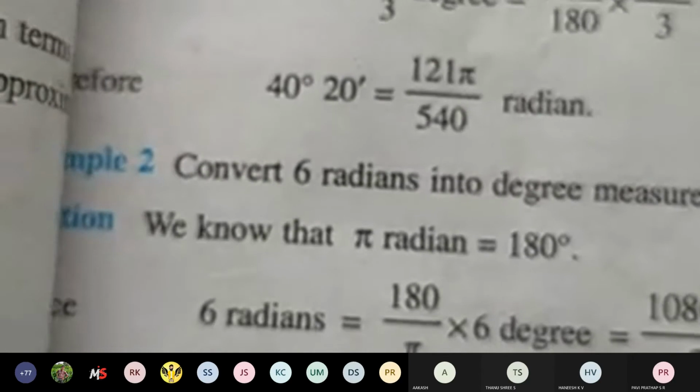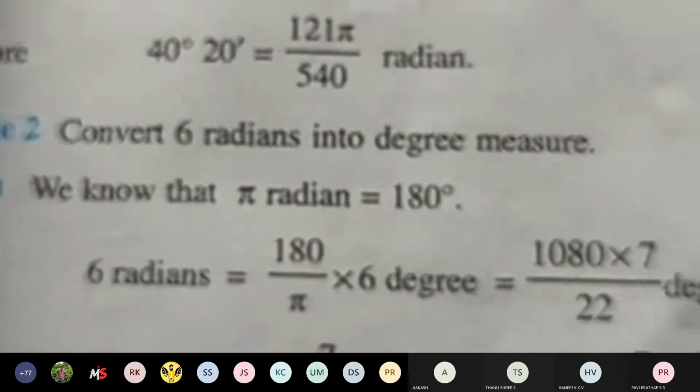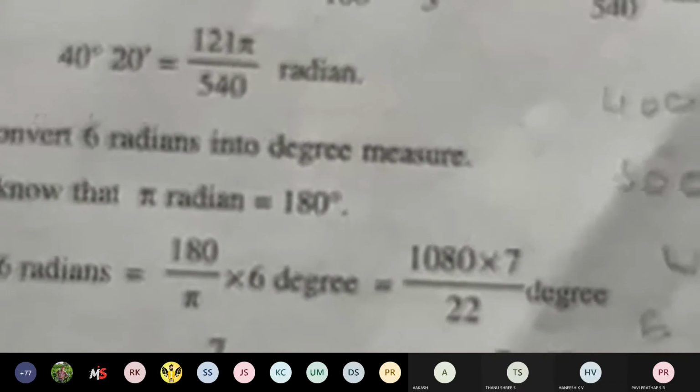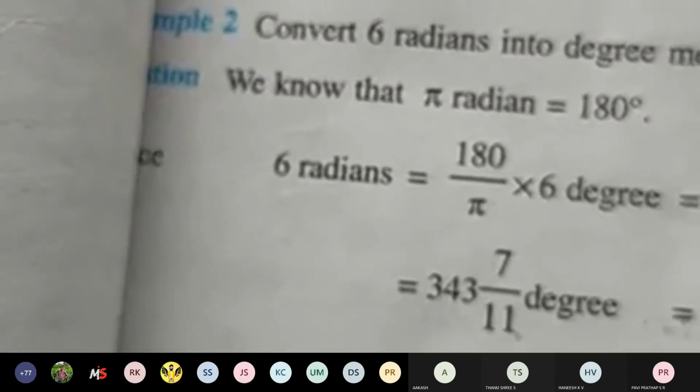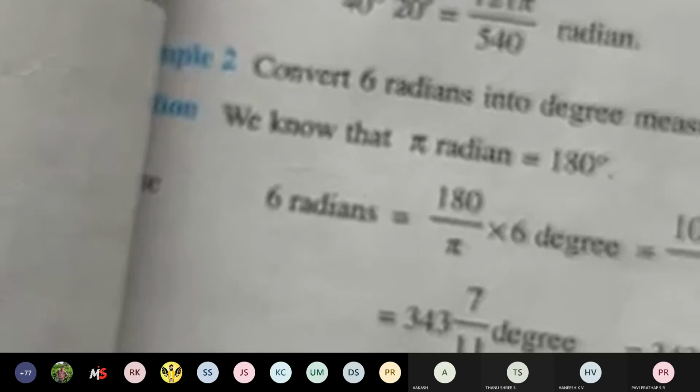Find the radius of the circle in which an angle of 60 degrees intercepts an arc of length 37.4. Here the pi value is given already. In some cases they will give the pi value, in some cases they will not. Pi means 22/7 in radians.